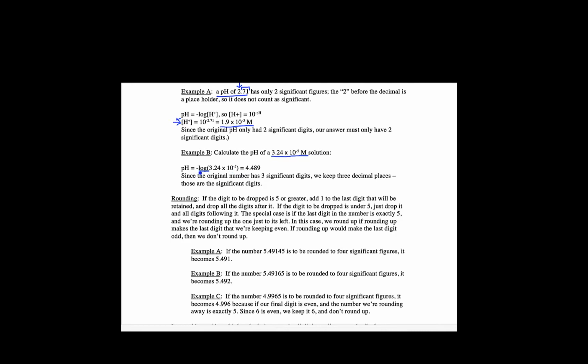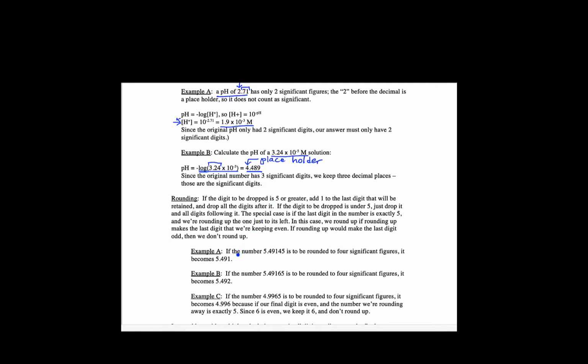So with my log, I've got minus log of that concentration, and when I put that into my calculator, I get 4.489. This number has 3 significant digits. The number to the left of the decimal in pH is a placeholder, and so the 489 make up my 3 significant digits for my answer.